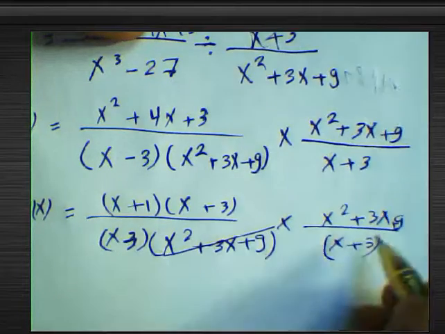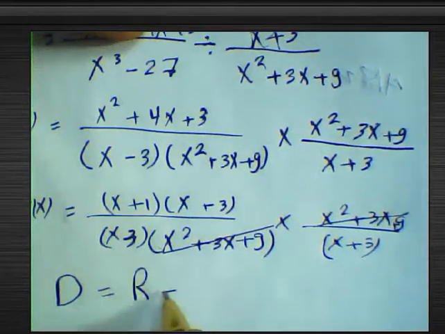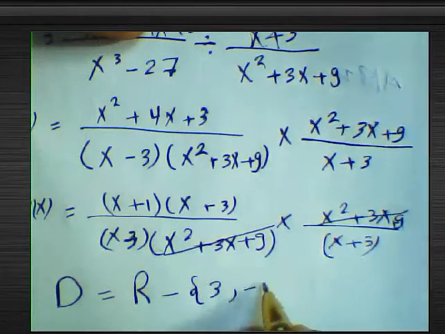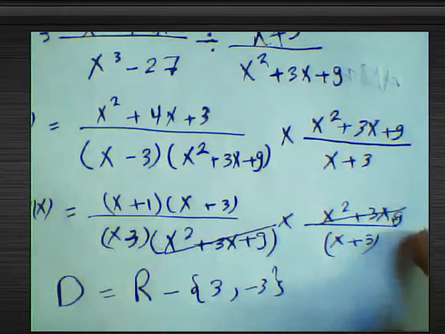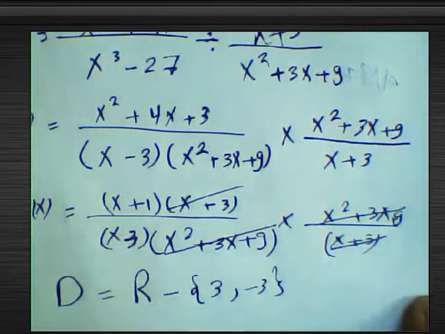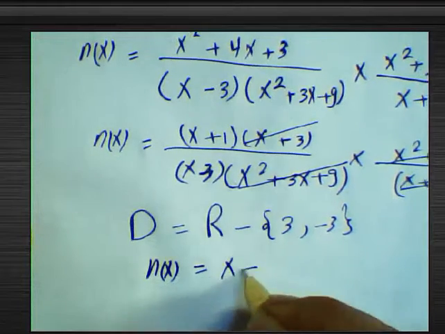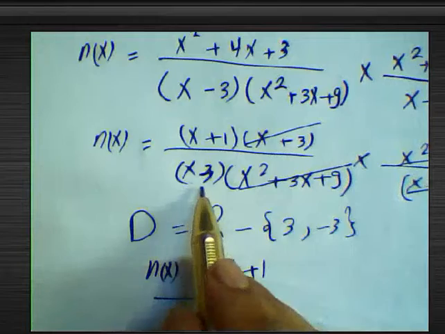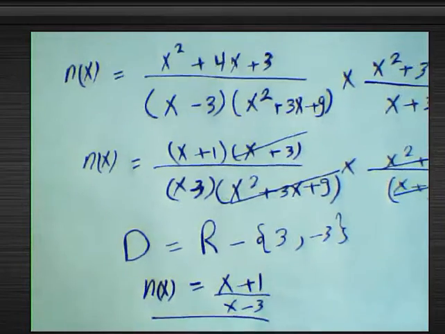We can cancel this and find the domain will be R minus the set of 0, 3 and negative 3, only because x² + 3x + 9, we haven't any root here. And we can cancel this expression with this expression, so n of x will be x + 1 over x − 3.